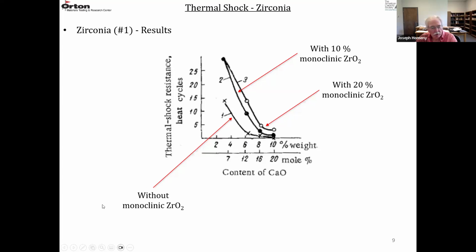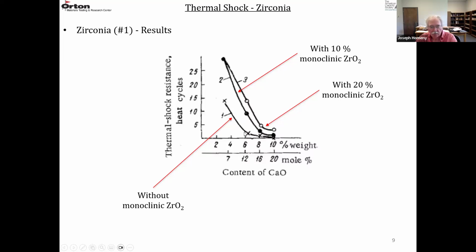So number 1 was without any monoclinic zirconia present, 2 was with 10% monoclinic zirconia, and number 3 was 20% monoclinic. So you pick any amount of stabilizer, weight percent or mole percent CaO, and you go up here.